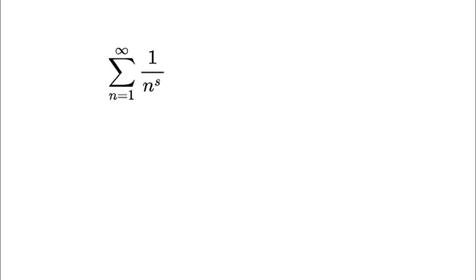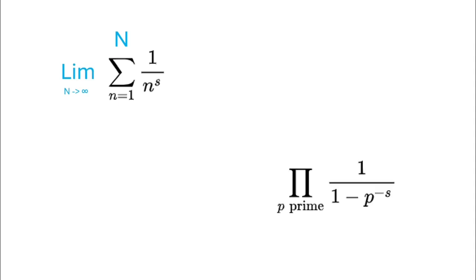Take the zeta function, okay? Instead of a sum that goes all the way from 1 to infinity, what this really is the limit of the sum from 1 to n as n grows in the direction of infinity, if such a limit exists.